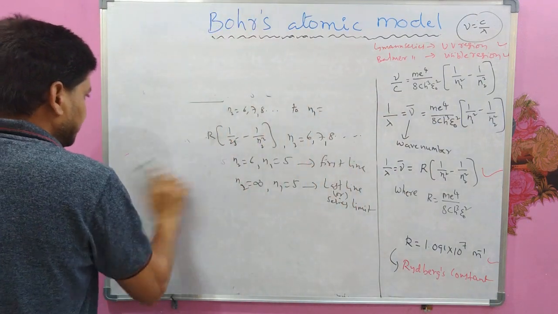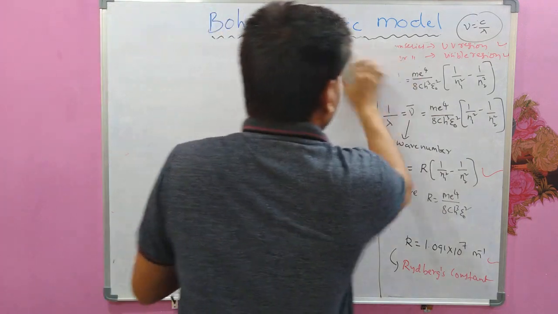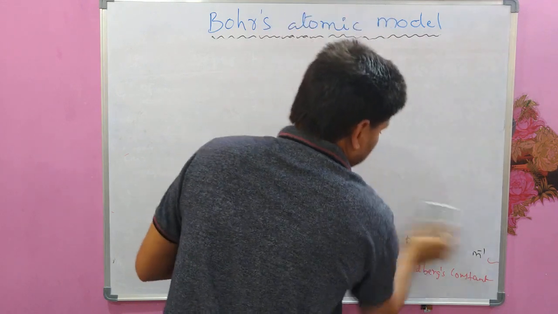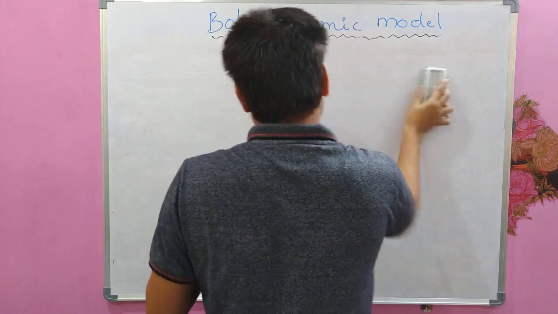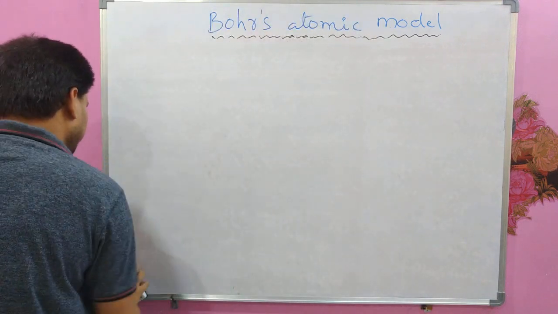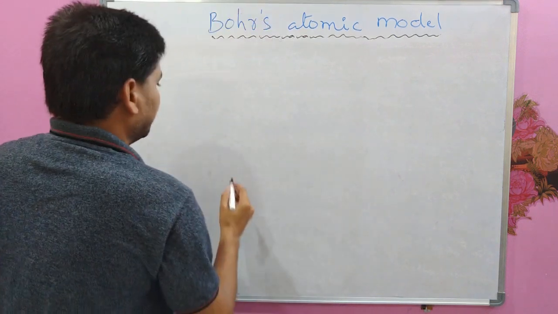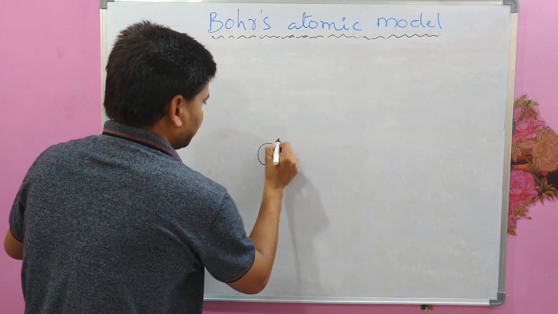First, using this series, how can we draw the energy level diagram? You can say an orbit diagram in circular orbits.